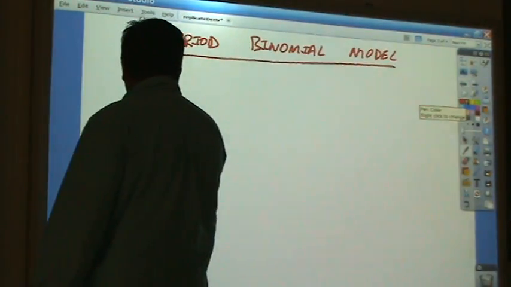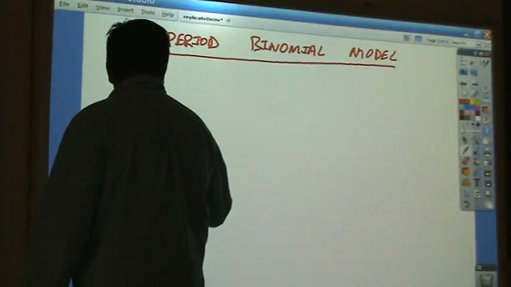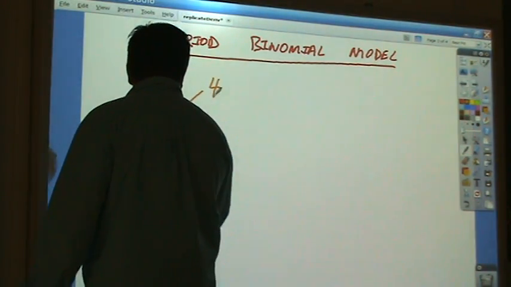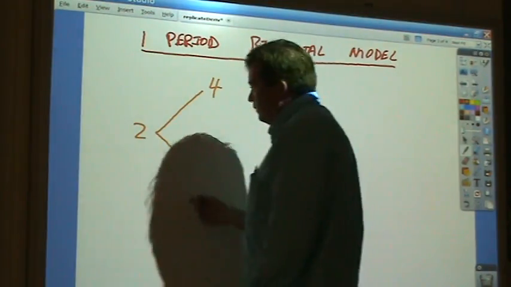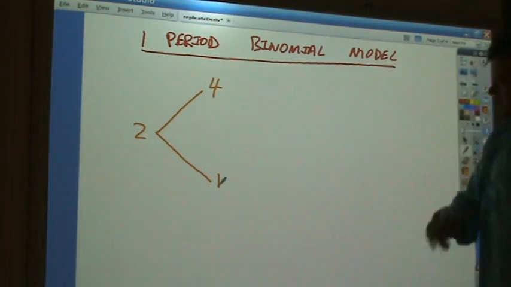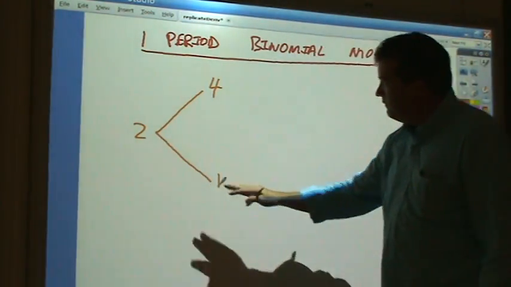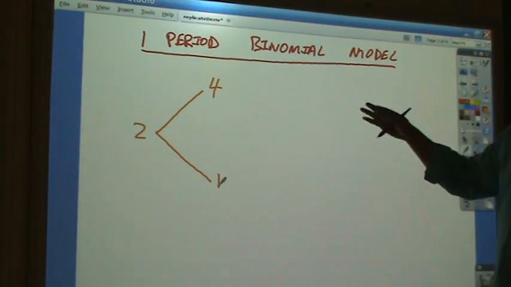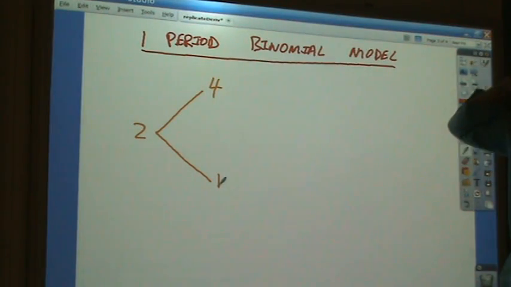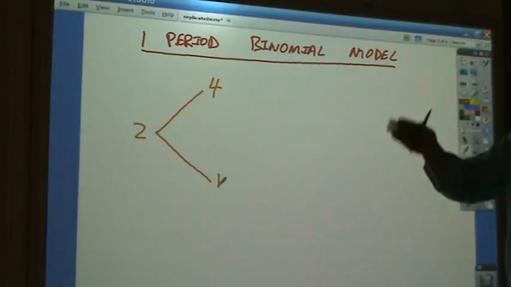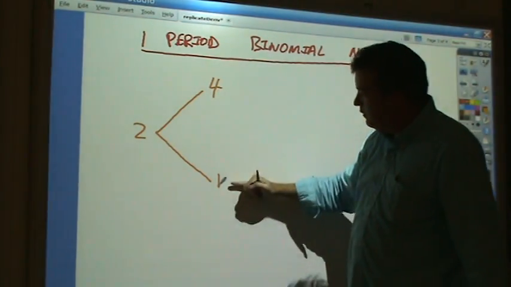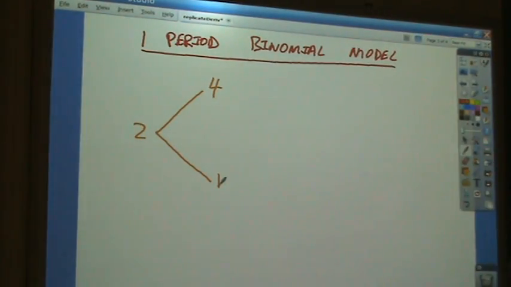Let's say we had a stock that's currently $2, and in the future, it could be either $4 or $1. We've seen examples like this before. The stock price is currently $2, and it's a type of stock that doesn't have the ability to be any price in the future. It's guaranteed to be worth either $4 or $1, one time unit into the future.